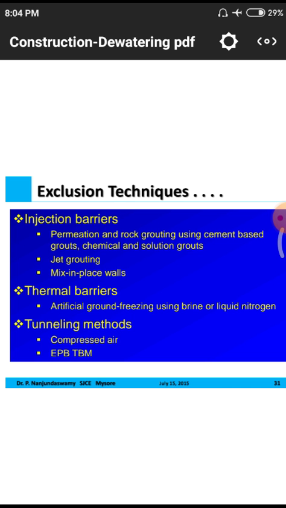Next we have thermal barriers, which are freezing techniques, not related to electro-osmosis. Artificial ground freezing uses brine or liquid nitrogen. Brine is a sodium hydroxide (NaOH) or sodium chloride solution, which we use in chemistry. Then there is liquid nitrogen, which we use in refrigerators and air conditioners as a cooling agent.